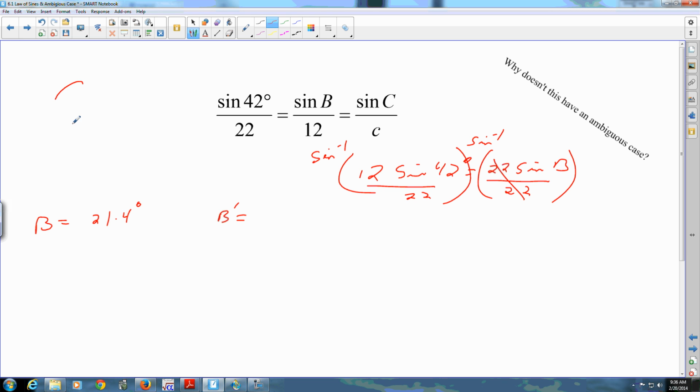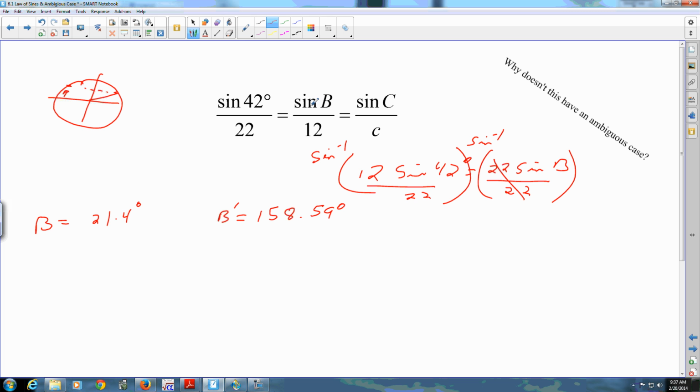If there was an angle B that was the alternate angle, I have to find its supplement. Because it's back to this idea, where's your y value? This ratio. So we found that it was at 21 degrees. Where else is it the same y value? Directly across. So we're going to find its supplement. 180 minus that answer gives us 158.59 degrees. But what you should see right here is there's a problem.